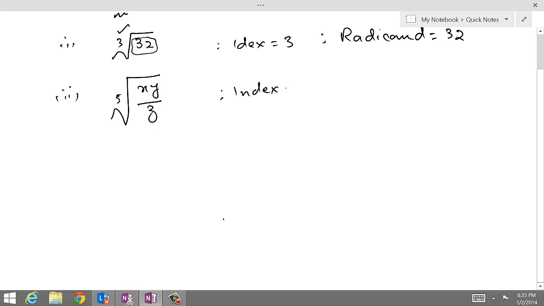Index would be 5. And what is the radicand? That is the number inside the radical sign, that is x, y over z. So this is the radicand.